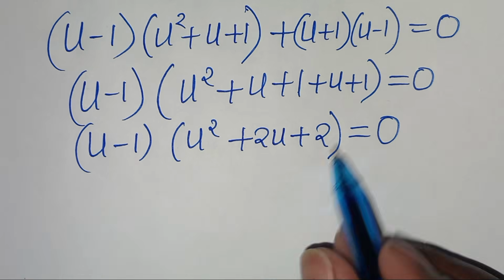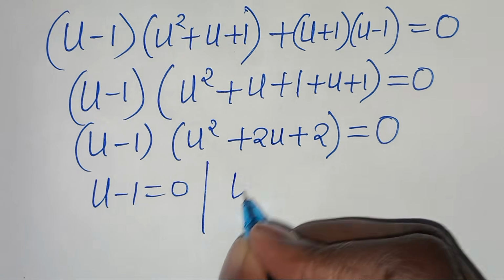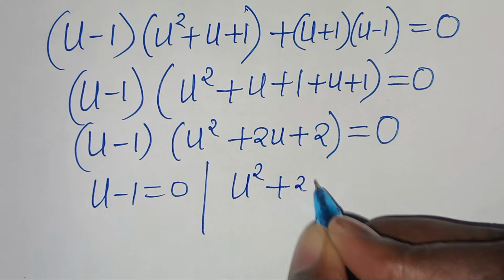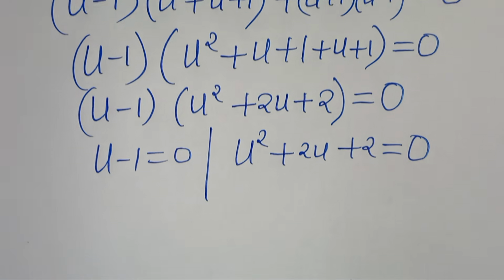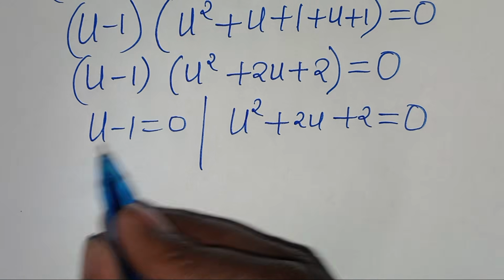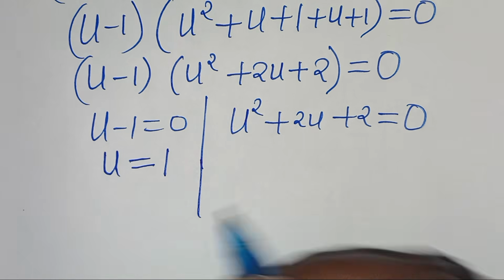Now we have got two parts here. u minus 1 is equal to 0, and u to the power of 2 plus 2u plus 2 is equal to 0. From the first part here, we have that u is equal to 1.